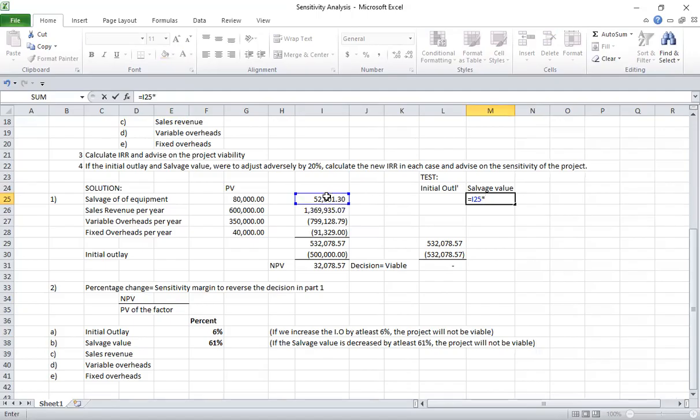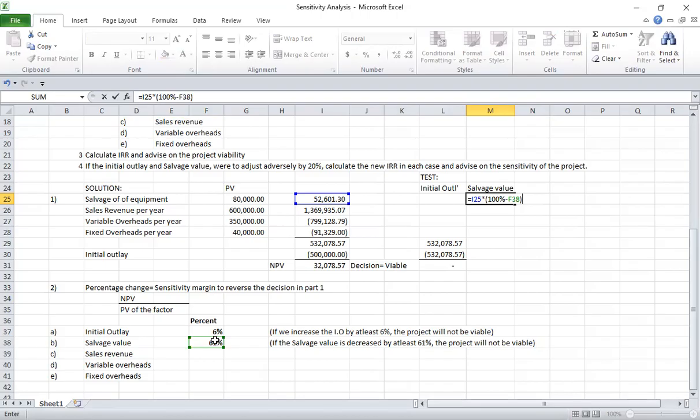We want to decrease by 61%, so we multiply by about 39%. That is once you remove 61, that is 100% minus this 61%. So we end up with that other percentage.